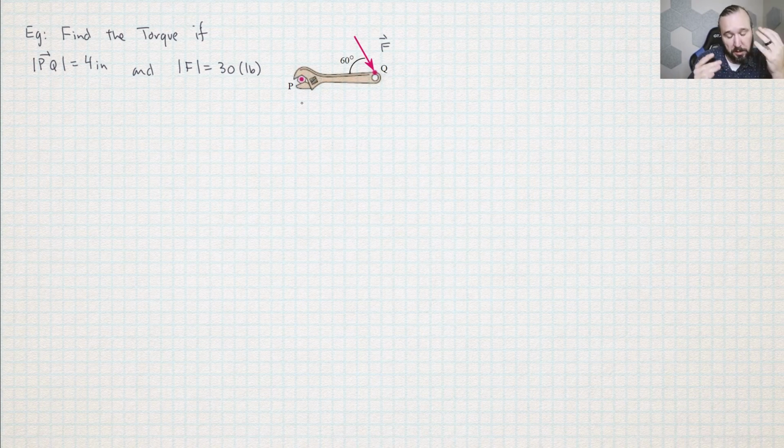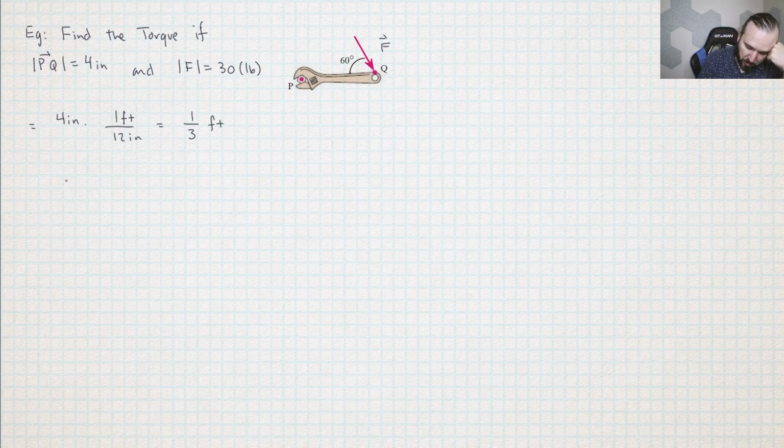First of all, the units of torque in the imperial system are foot-pounds, so I have inch-pounds here. So 4 inches times 1 foot over 12 inches means the magnitude of PQ is actually 1/3 of a foot.